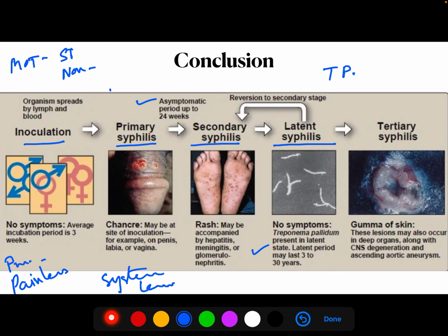And then there is a latent period which occurs for more than 1 year, and then followed by the tertiary stages, which are seen over about more than a decade.